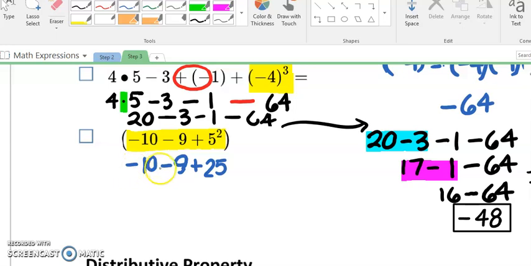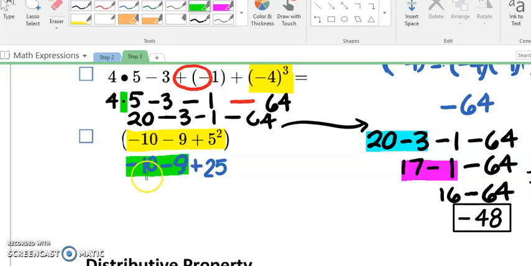All that's left is addition and subtraction. It doesn't matter which order we go in, we just go from left to right. It's not like we have to do the addition first and then the subtraction. We just start on the left and work left to right. Negative 10, negative 9. Negative 10, subtract 9 is another way of reading that.